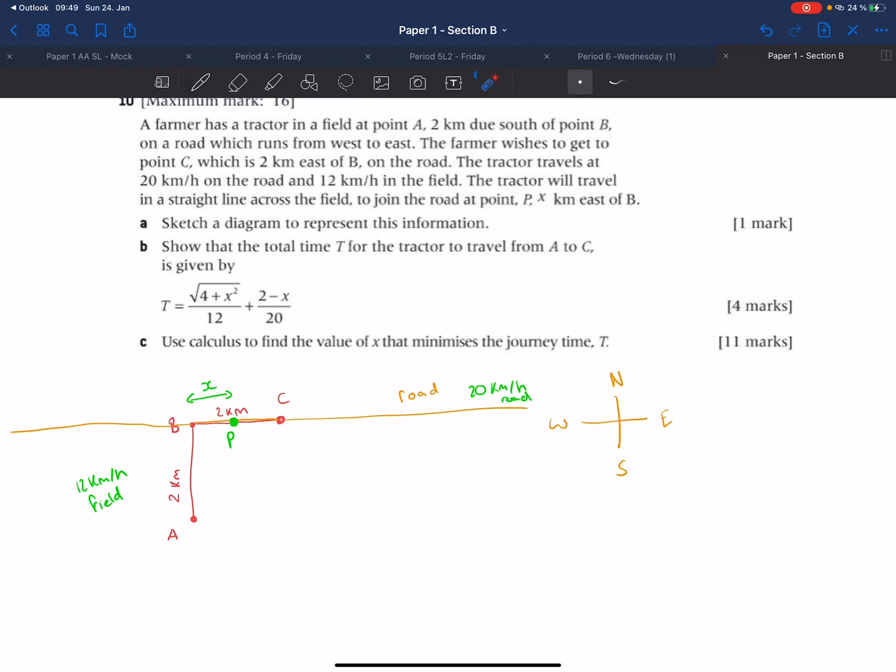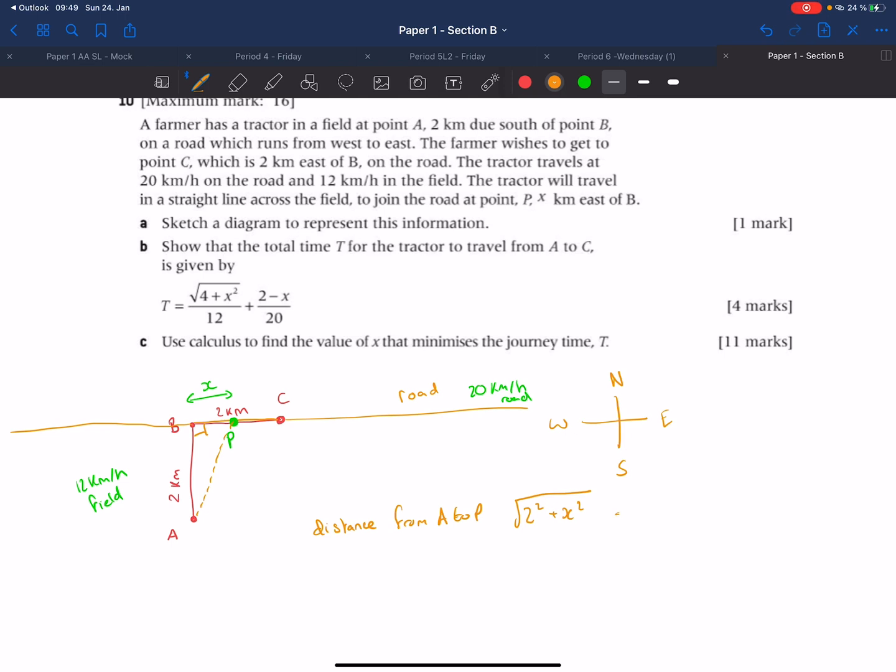If I want to work out how long it takes to travel from A to P, I need to know how far it is from A to P. This will form a nice little right angled triangle. So my distance from A to P is going to be 2 squared plus x squared, square rooted.